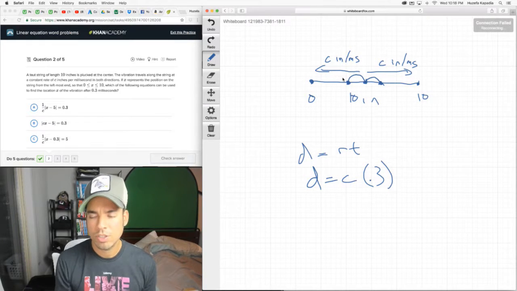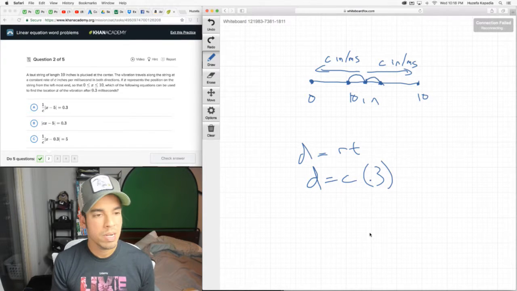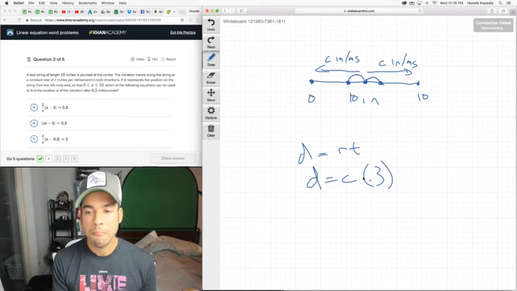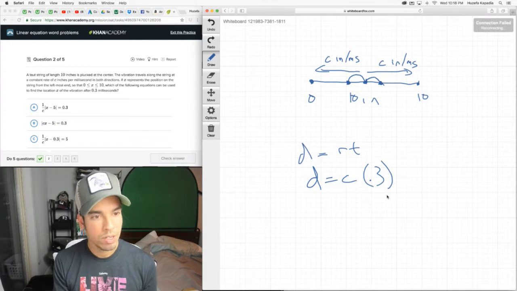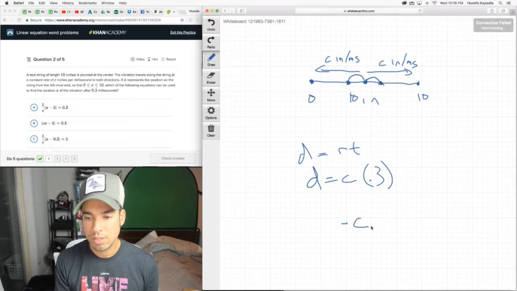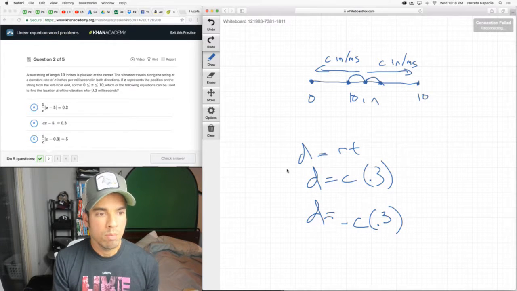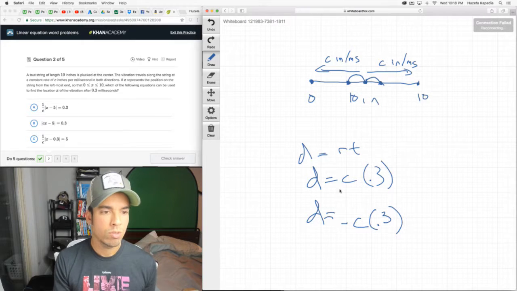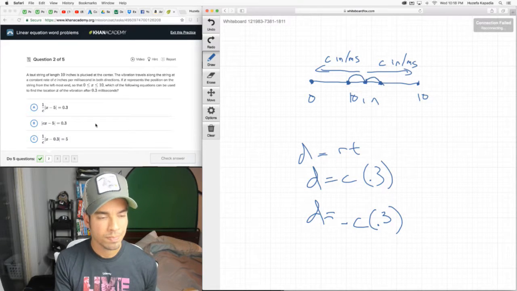It's going to be like a positive c and a negative c. So we can also say negative c times 0.3 equals d. But we have to be a little bit more careful in exactly how we're doing this. So what exactly is happening?